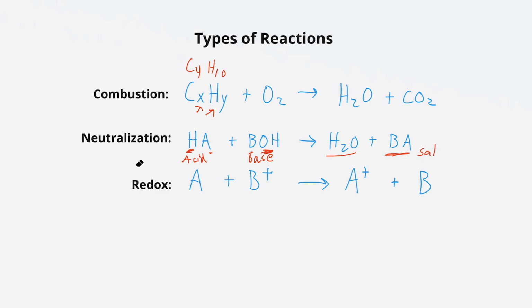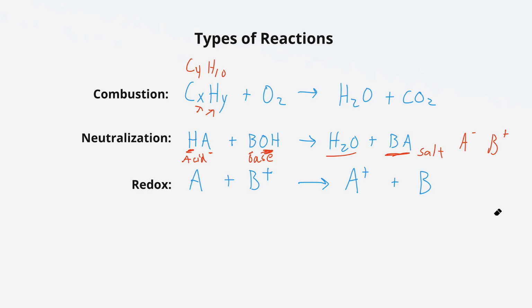Sometimes they'll label that as a salt. The reason that it's called a salt is because the A from the HA has a minus charge now, and the B from the OH has a plus charge now, and those two are held together with an ionic bond, and an ionic bond is the bond that holds salts together. So those would be technically a salt. This reaction will be covered way more when we go over acids and bases, but right now we're just going to leave it at this.